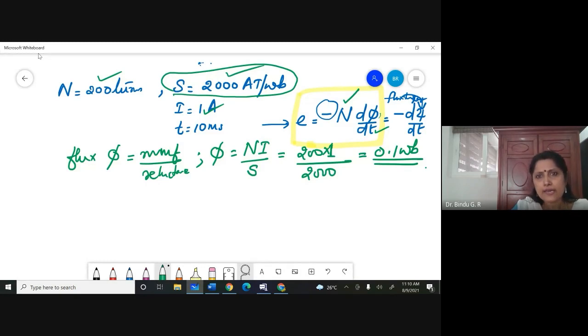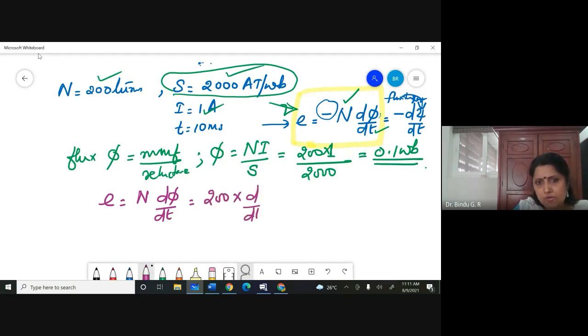Now you can directly apply this to the equation. E is equal to N d phi by dt, which is 200 times d by dt of phi. What is d phi? It is the change in flux. Current of 1 ampere was passing in one direction for 10 milliseconds, and then it was reversed.